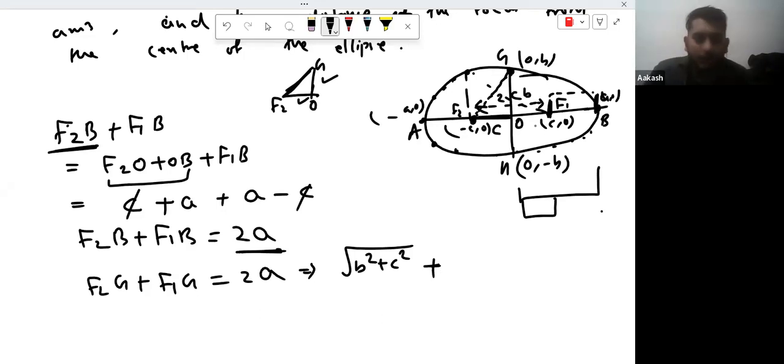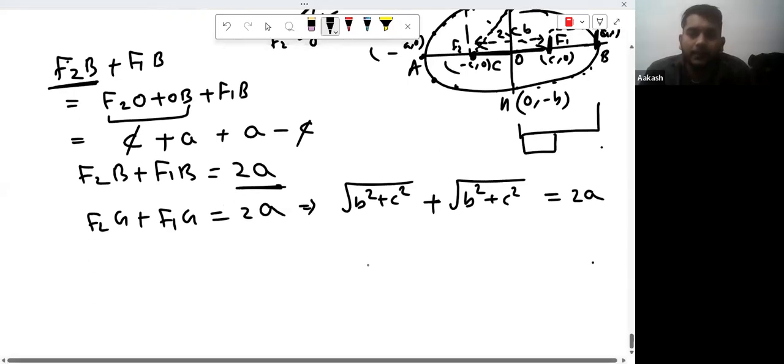Can anyone tell me what will be F1G? No, not a square. OF1, right? OF1 is again how much? c. Okay. So again this is the square root of b square plus c square, and this is equal to 2a.